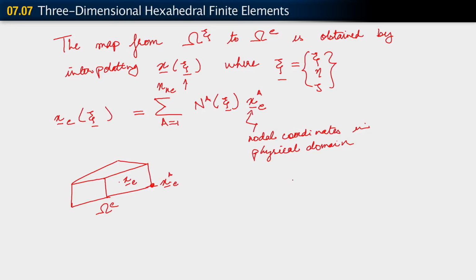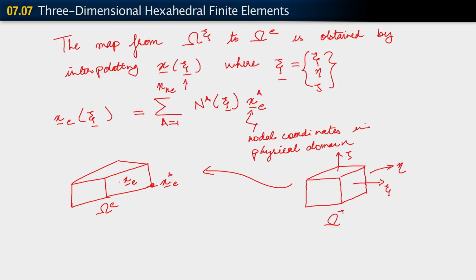That's how things work, and that is constructed from a mapping from our nice regular, at least this is intended to be regular, parent subdomain. So that is the mapping that we have underlying our geometry as well.